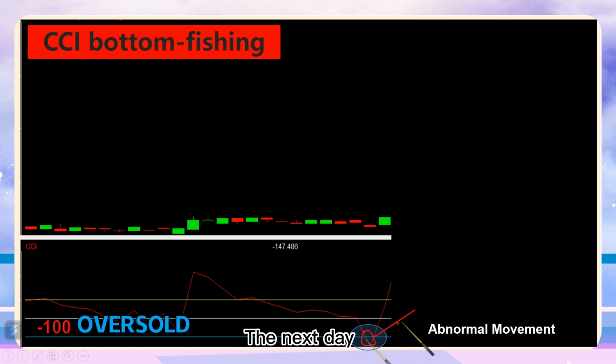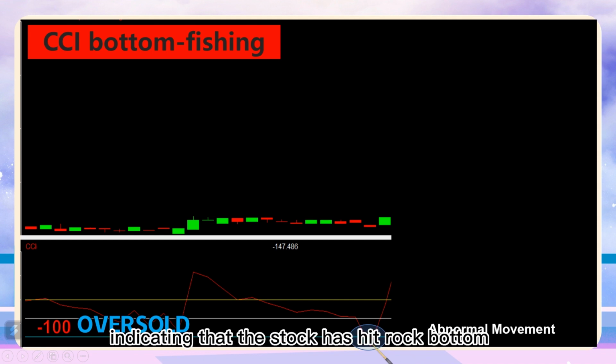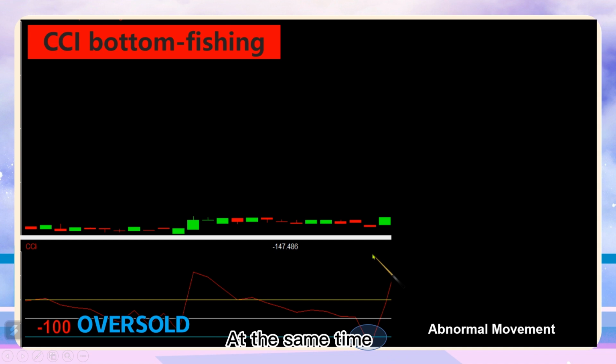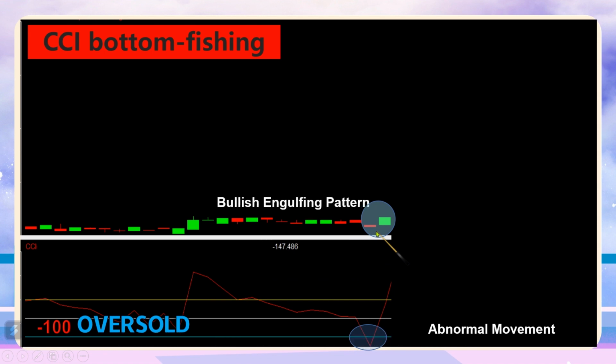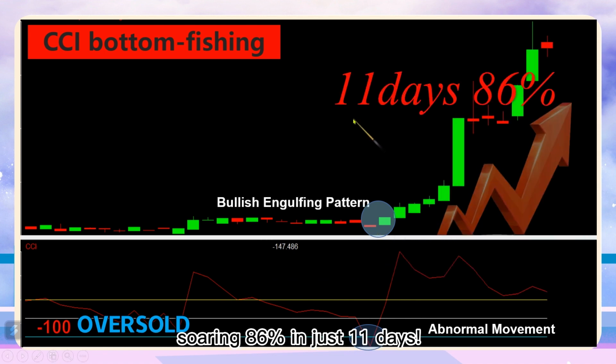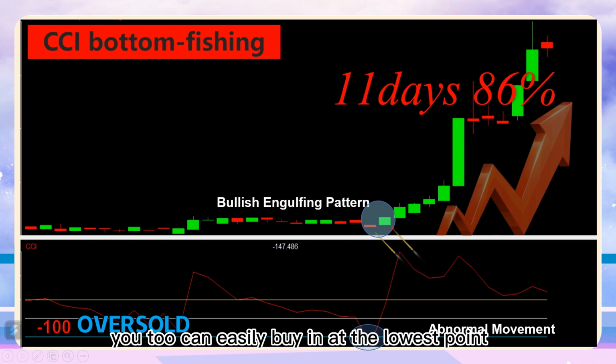The next day, the red line crosses above the blue line, indicating that the stock has hit rock bottom. At the same time, there is a price surge as evidenced by the bullish engulfing pattern on the candlestick chart. The stock then takes off, soaring 86% in just 11 days. By mastering the CCI bottom fishing model, you too can easily buy in at the lowest point.